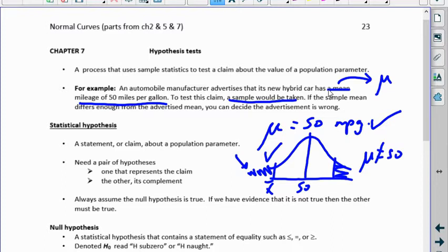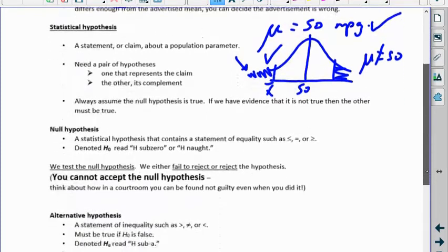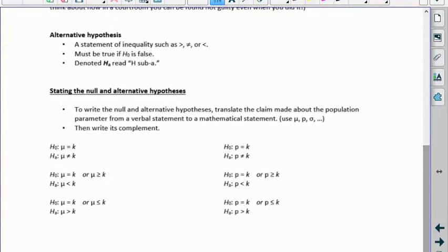Today what I want to accomplish is writing the formal statement, the hypothesis that you're testing. These are formal statements down here that are testing a hypothesis.